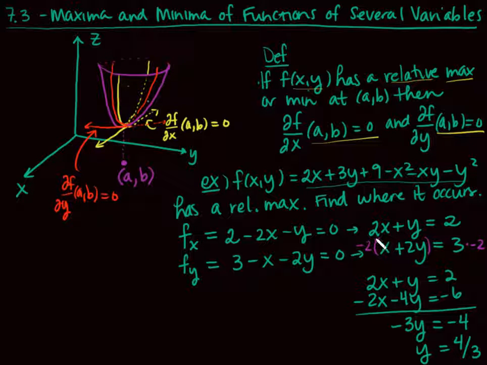Well, I'm going to take this equation right here because we're not really doing anything with y in that equation, and I'm going to plug it into this equation. So what would we get here? Then I'd have 2x plus 4/3 equals 2. And I'll let you solve that. I won't waste your time solving an easy equation like that. What you end up getting is that x is 1/3.